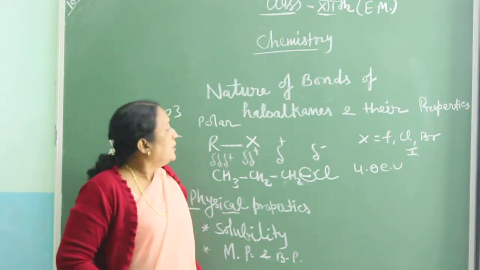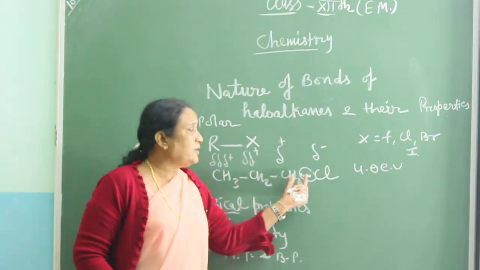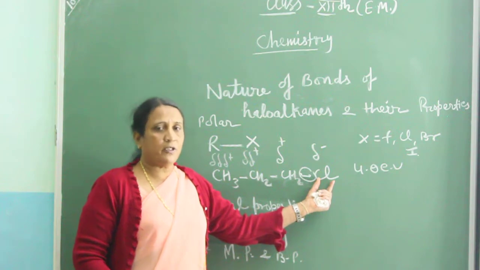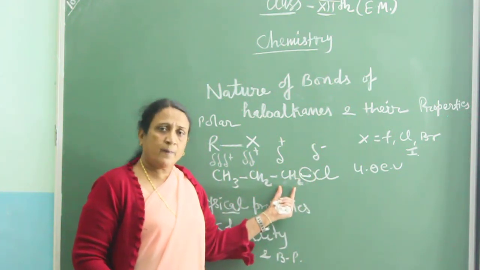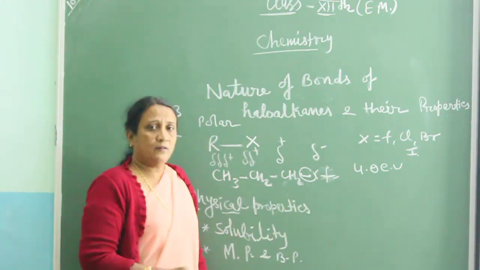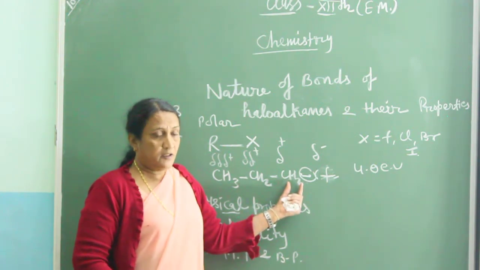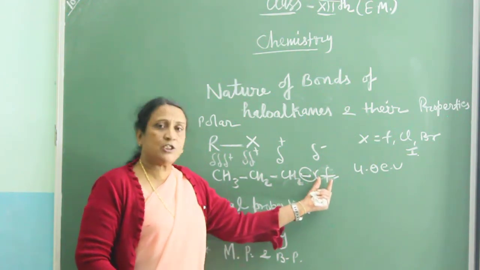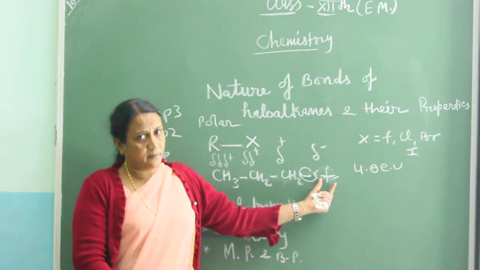It means when carbon is attached with either fluorine or chlorine, if fluorine is there, a high pull or attraction is there, and due to that, the shared pair of electrons is attracted toward the more electronegative element.